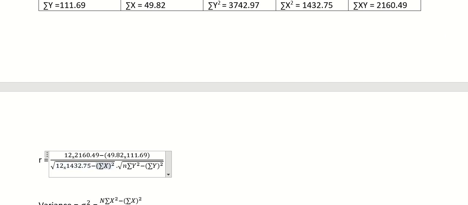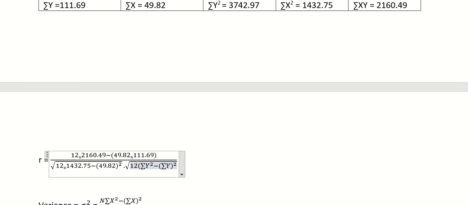So here summation of x is 49.82. I will not put summation of x square here. I will put summation of x, and when I put summation of x, then I will square it. Okay, so there is a difference. So summation of x is 49.82.